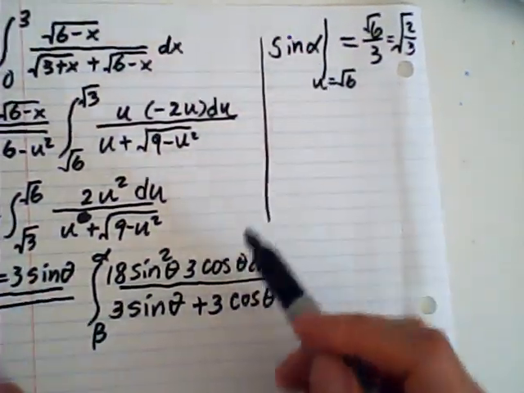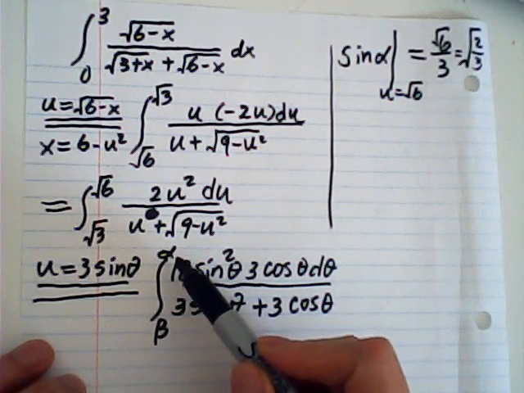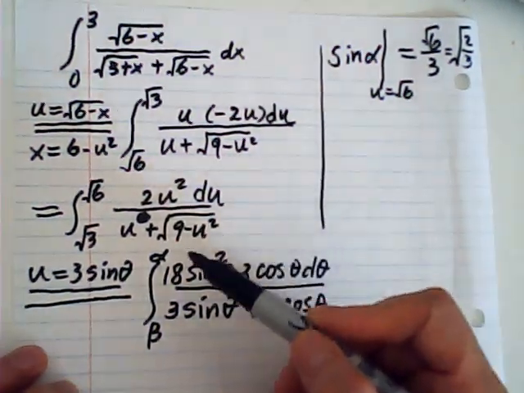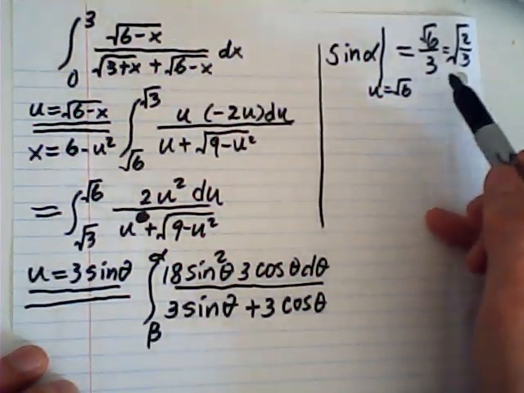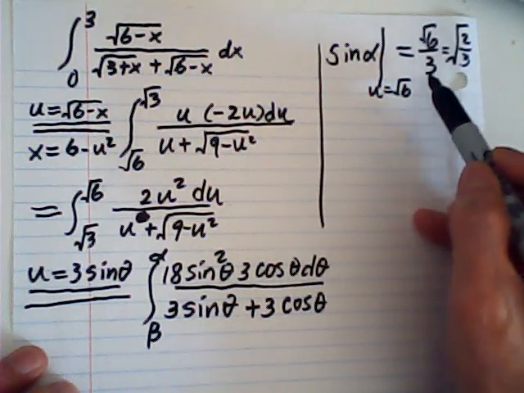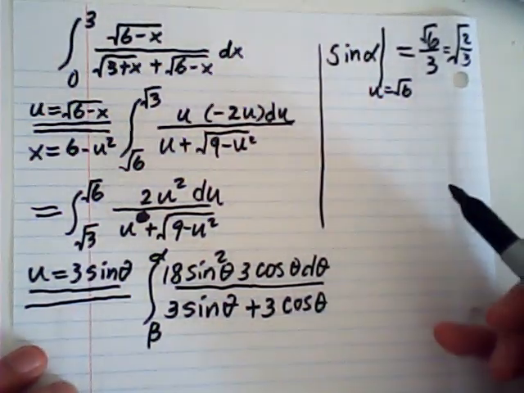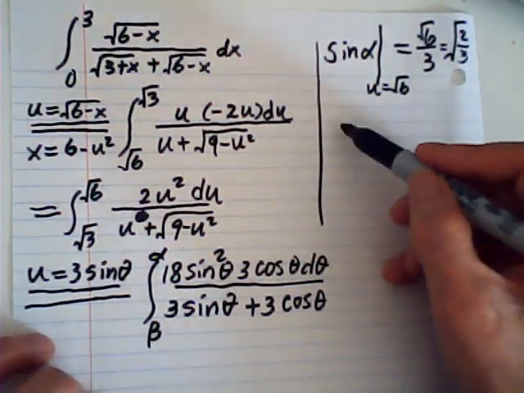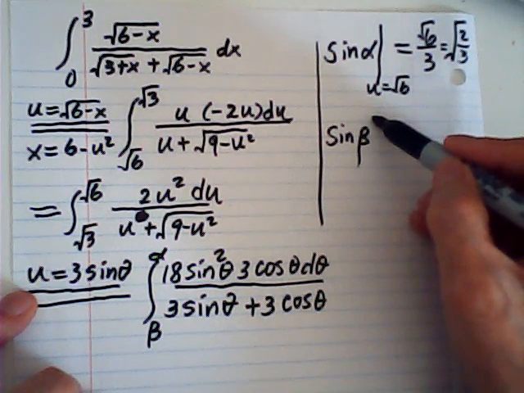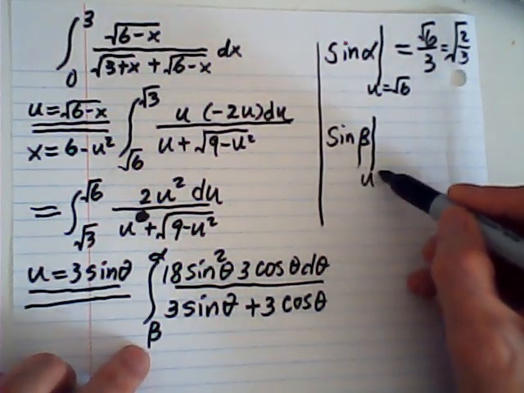So I know this alpha is an angle converted from u equal to root 6. But for the time being, I just keep writing alpha instead. Similarly, sine beta is the value when u equals root 3.